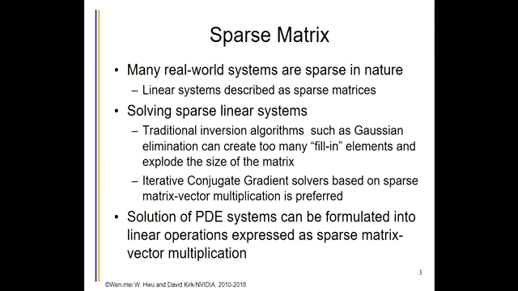Whenever we model the world as a linear system, for example, we can have a connectivity model where we have all the Facebook users on one side and all the Facebook users on the other side as well. And we can put a connectivity number in a row and column whenever the row user and the column user are friends, right?